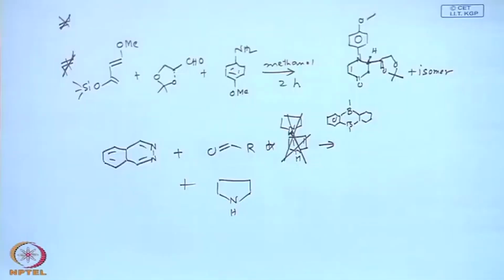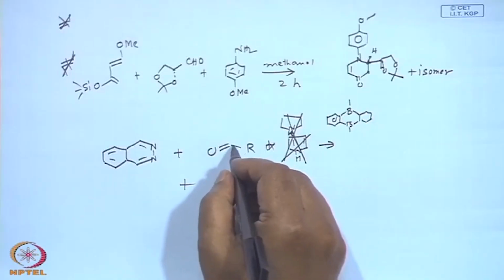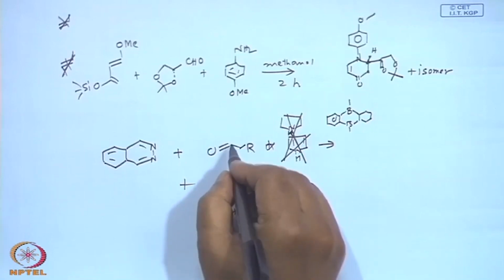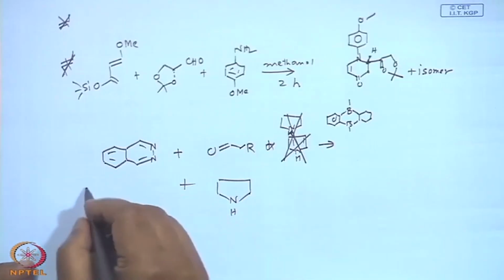Right. That means first this enamine formation would take place. Actually, I should have written CH2 up here, CH2. So, better I write it like that. So you first form the enamine. And what is the name of this molecule? This is a famous molecule.